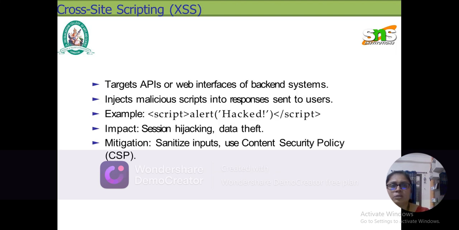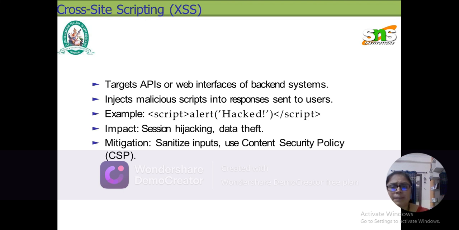Cross-site scripting, XSS, uses JavaScript. It targets APIs or web interfaces of backend systems. It injects malicious scripts into responses and sends them to users, for example a script like alert.